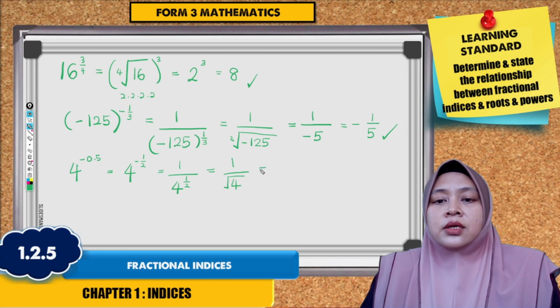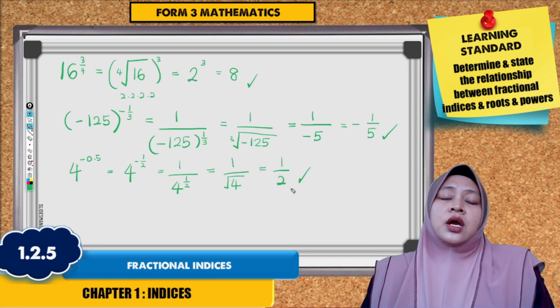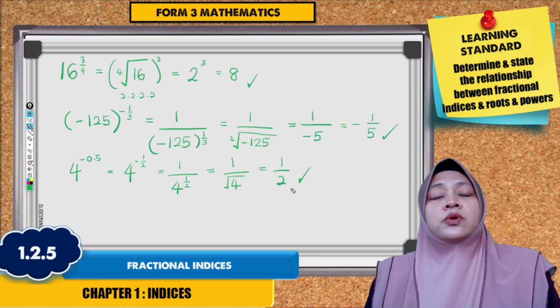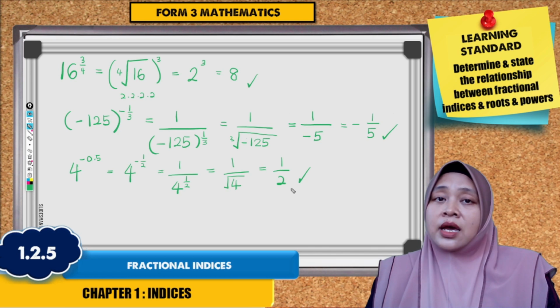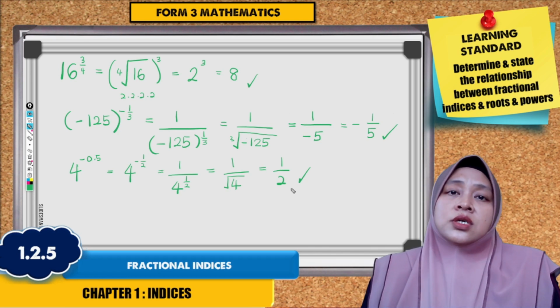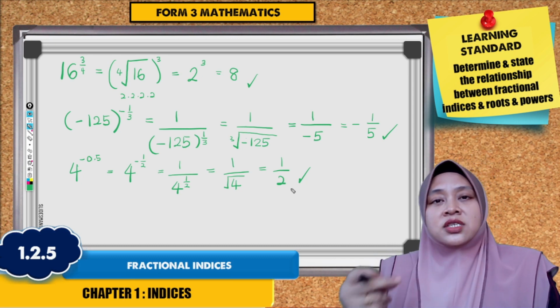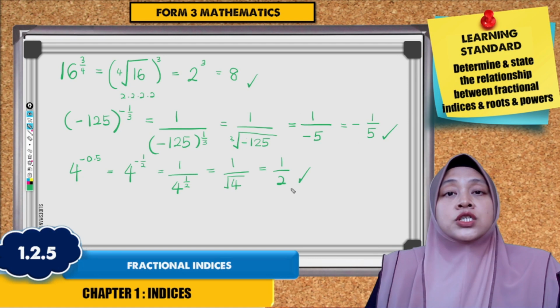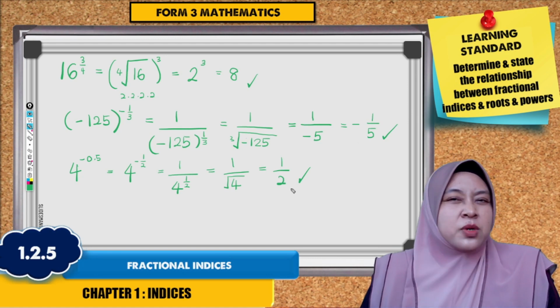So 1 over 2. That's the answer. When you understand the main formula, the main concept, whatever question comes to you is just a snap. So always do exercises as much as you can.